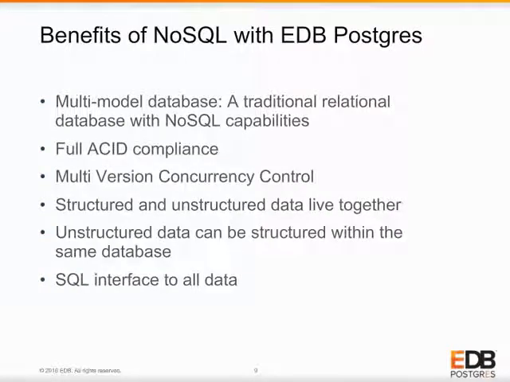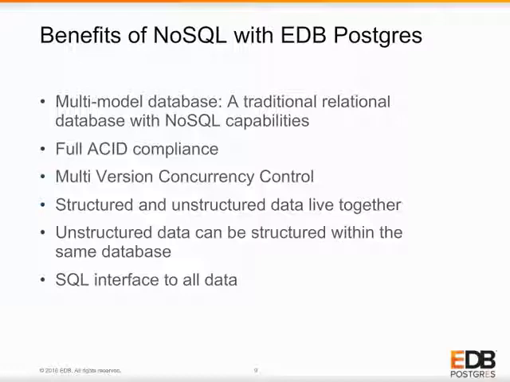So how can you leverage a relational database and the relational benefits with NoSQL? EDB Postgres can help you in that case, because EDB Postgres is a traditional relational database, and it was developed 30 years ago. At that point in time, we didn't think about the workload of the 21st century.